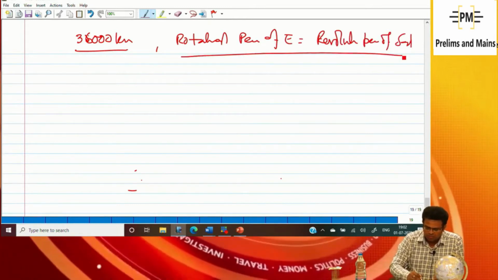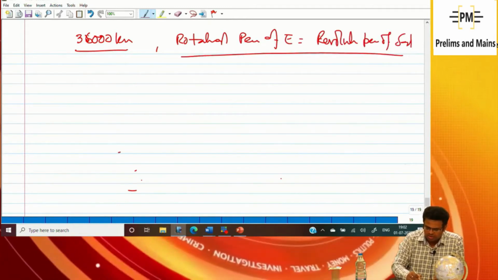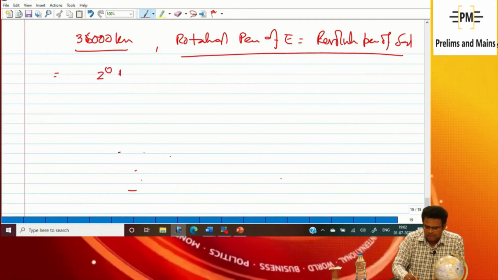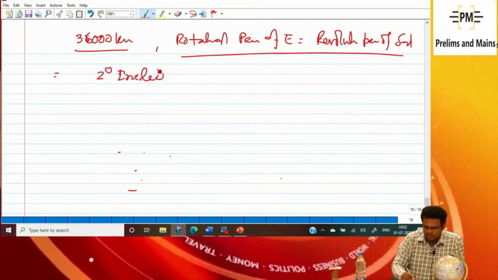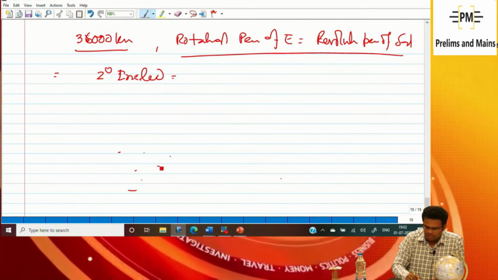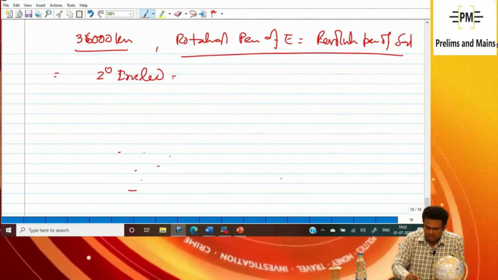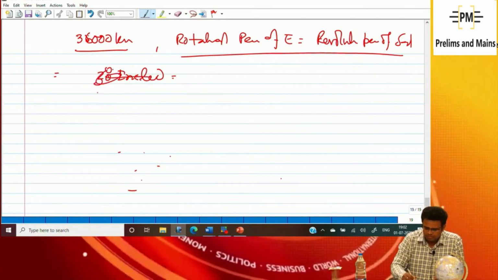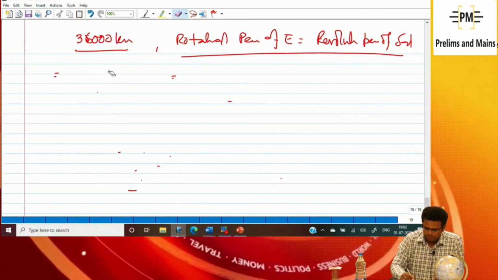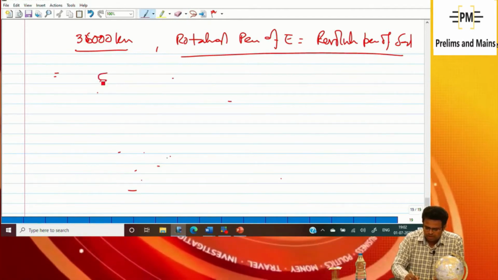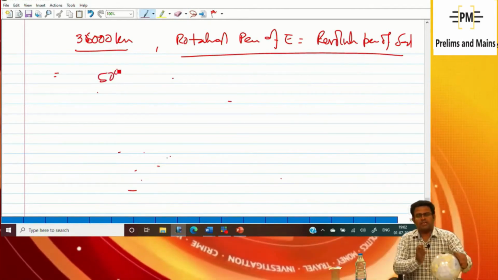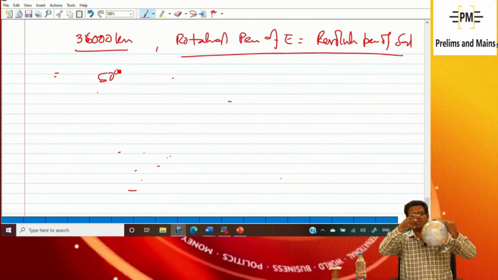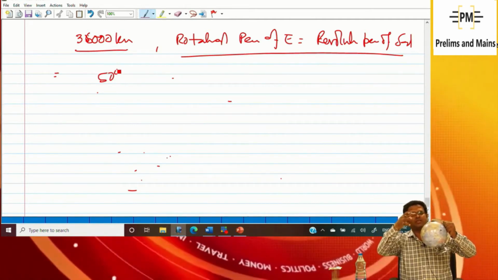These two conditions are followed, and it is geosynchronous whether it is inclined 2 degrees, or 30 degrees, or 50 degrees like this. Why is it geosynchronous? It is synchronized with the Earth, and it is covering the region of Russia.